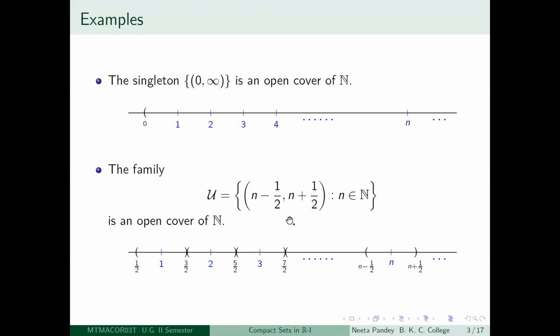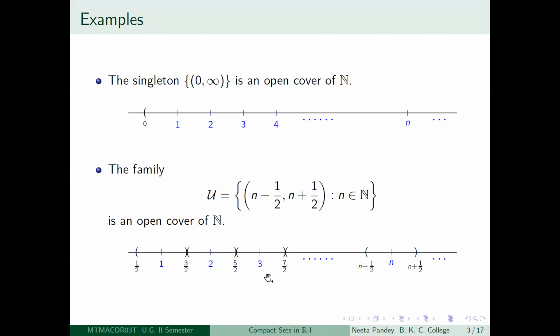And what does this look like? Very easy to see that if you look at n equal to 1, for example, then you will get 1 minus half, so that is half, to 1 plus half, so that is 3 by 2. So you get the open interval half to 3 by 2. When you put n equal to 2, then you get the open interval 2 minus half, so you get 3 by 2 to 5 by 2.